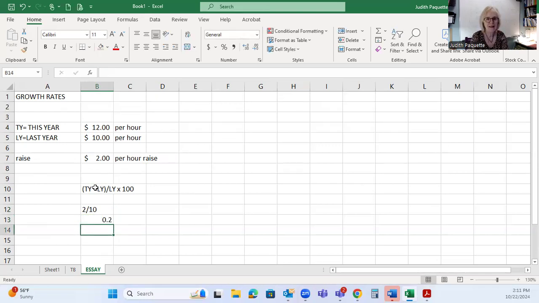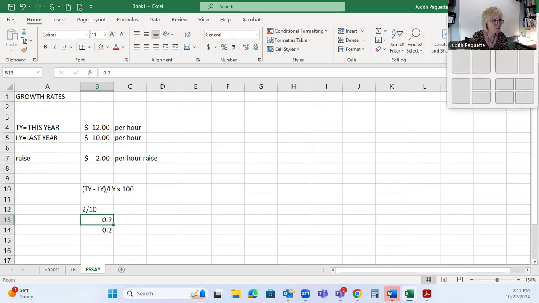And then if you multiply that by 100, you get 20, and it's 20%. So this year minus last year divided by last year times 100 is growth rate.